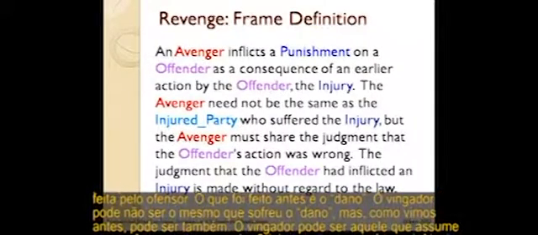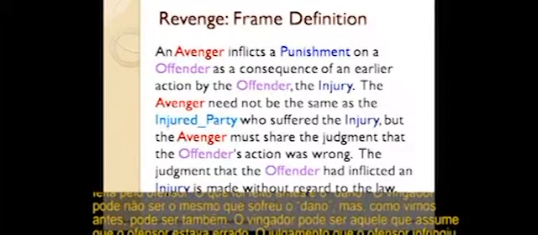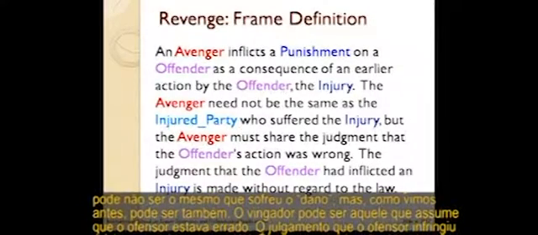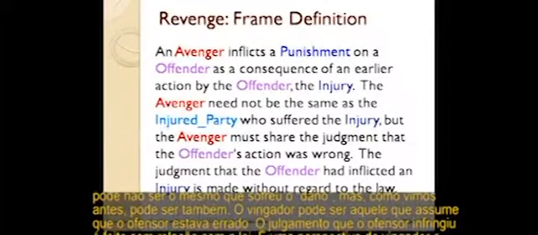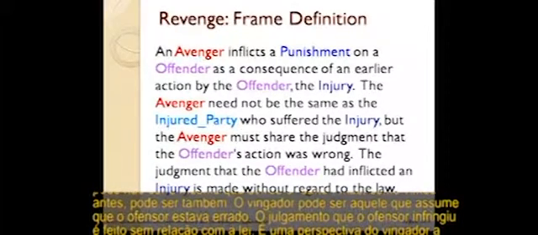And the punishment, the earlier action is the injury. The avenger need not be the same as the injured party who suffered the injury, but of course, as we saw, can be.